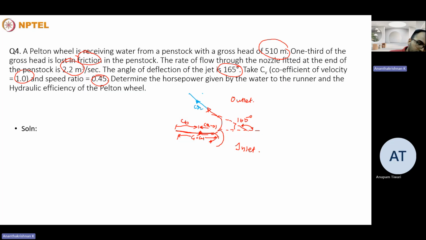And then there will be the blade velocity component CB2, and then the absolute velocity C2, and the whirl component of this one will be CW2, and the vertical component will be CF2. That is the radial component, or the axial component.